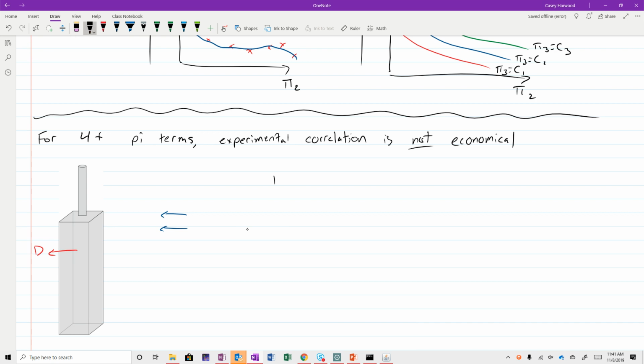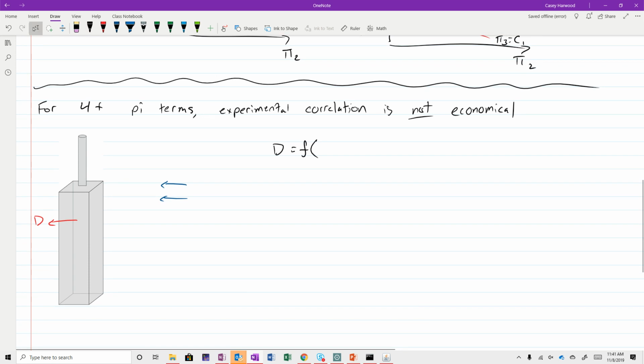So what variables might the drag be a function of? Well, there's a whole host of them. You can name your choice. We'll say we've got the width or the breadth of the building, B, in this direction. Say the height of the building, H. Say the height of this chimney, and the chimney diameter.